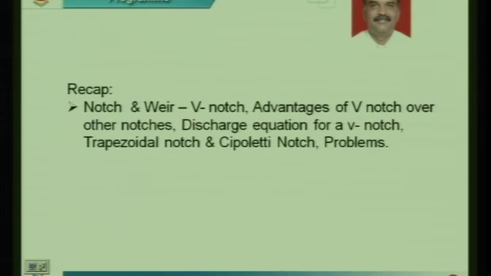What I mean to say here is, if you want to measure the discharge in a channel, if you just measure the head over the V notch, that will be more than enough to calculate the discharge. That is the beauty of this V notch. I also said another thing which is very, very important.